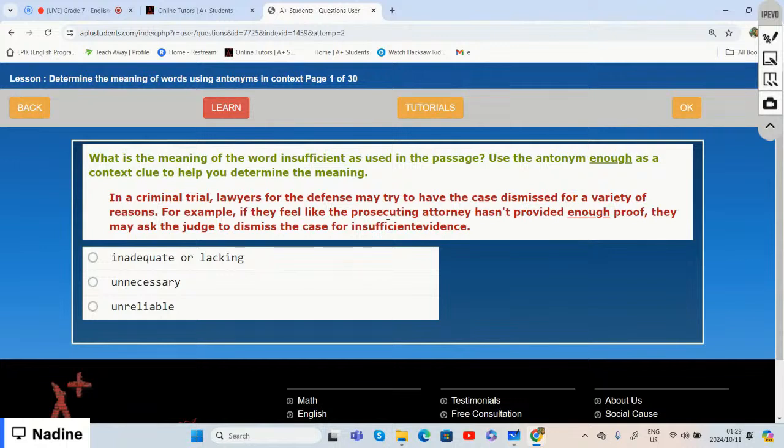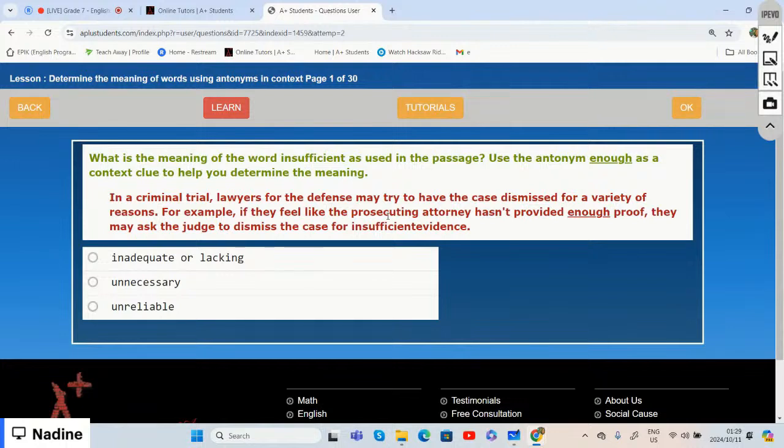So here it says, a criminal trial lawyer for the defense may try to have the case dismissed for a variety of reasons. For example, if they feel like the prosecuting attorney hasn't provided enough proof, they may ask the judge to dismiss the case for insufficient evidence.